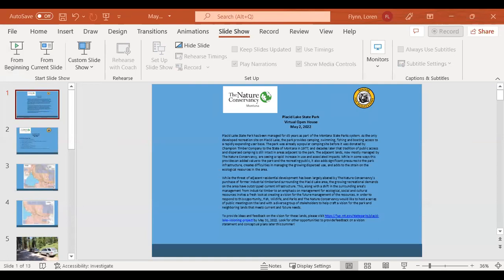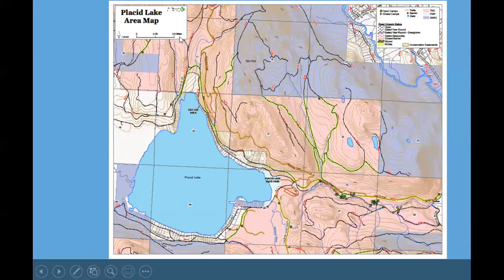It's probably worth going over that today we're going to be talking about a number of things that involve both the land that the Nature Conservancy manages that are beyond the park and around the park, and then some areas within the park, including the Placid Lake State Park itself, and then the day use area, and then that road along Owl Creek, where if you look at the map there, you'll see some little green dots. Those are existing campsites where we see a lot of camping in that part of the world.